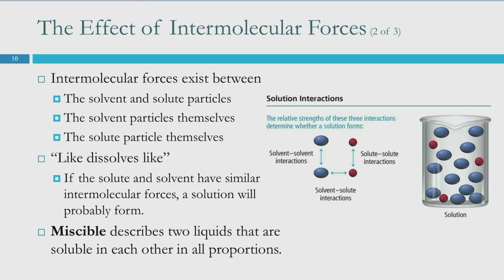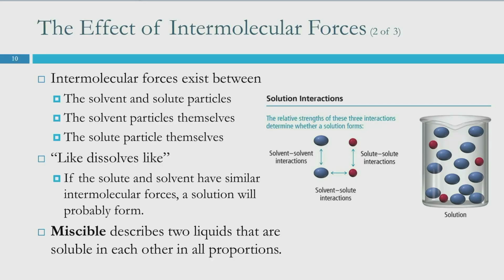Okay, so the way that intermolecular forces work, this is also sort of a review. Our intermolecular forces exist between a couple of sets of things. We've got interactions between our solvent, our majority component, or our liquid, and our solute, the thing that's dissolved in our solvent.